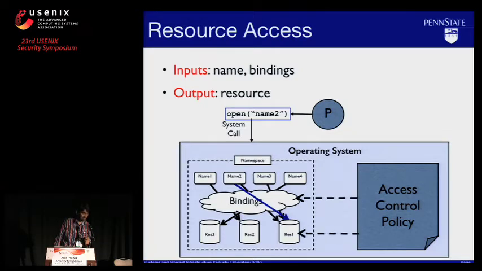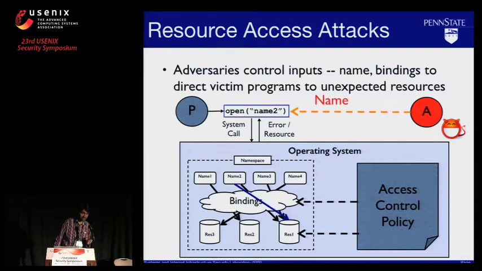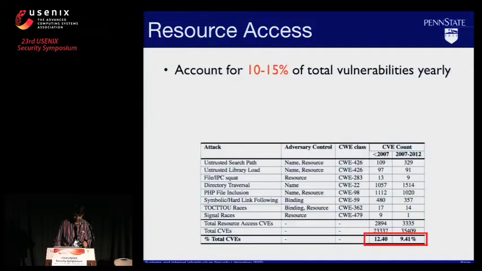It, of course, checks the access control, and it then returns the error or a resource. Now, the problem occurs because adversaries control the inputs to the resource access, be they the name or a binding, to direct victims to unexpected resources, like we've seen. So this is the cause for these attacks.